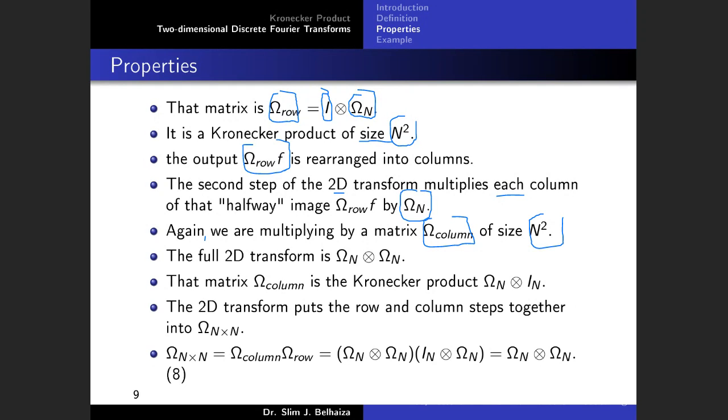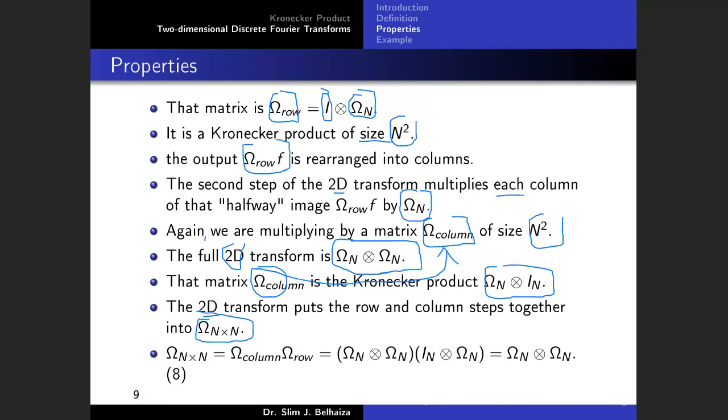The full 2D transform is obtained, which is omega n by omega n using the Kronecker product. The matrix omega column is the Kronecker product of omega n by the identity matrix n. So the 2D transform puts the row and column steps together into omega index n by n.